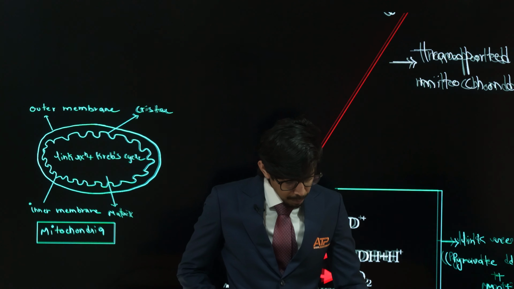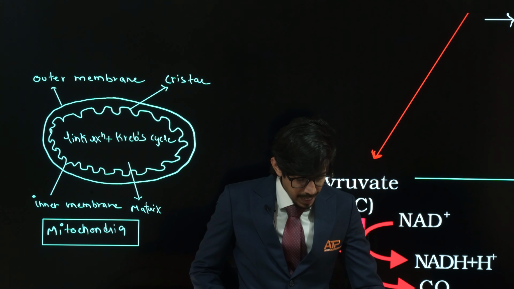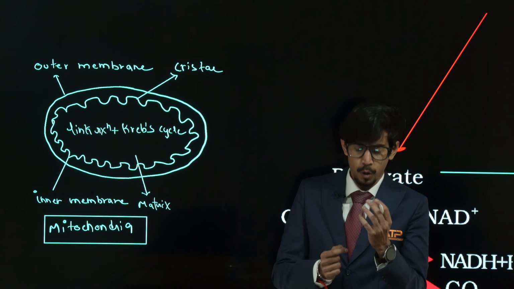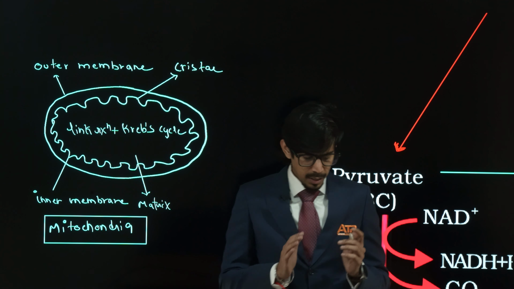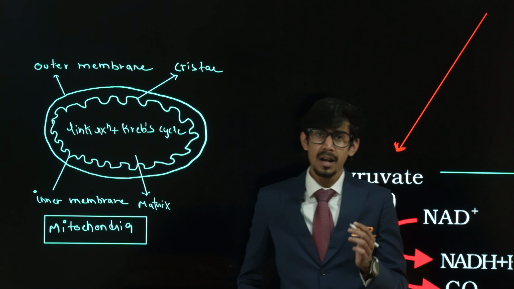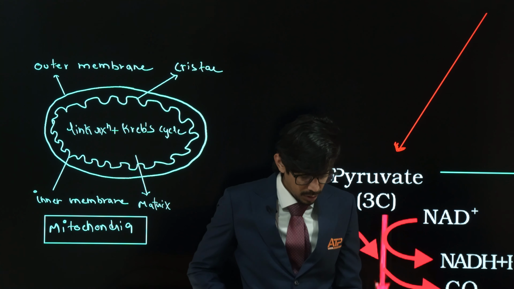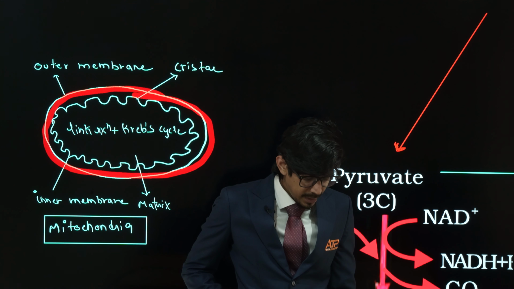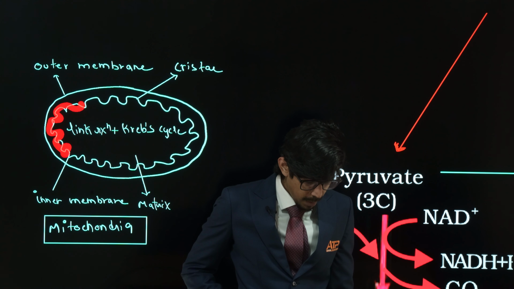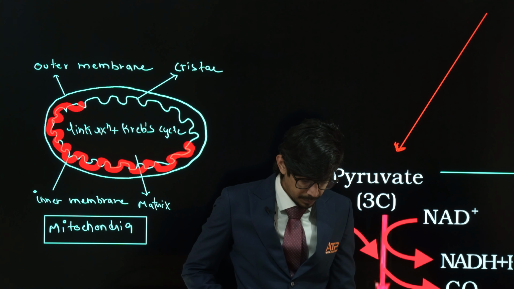Okay, now before we start with the Krebs cycle, I'm just giving you an overview of the mitochondrial structure. As you know, mitochondria is a double membrane bound structure. This is the outer membrane of the mitochondria, and this is the inner membrane of the mitochondria.